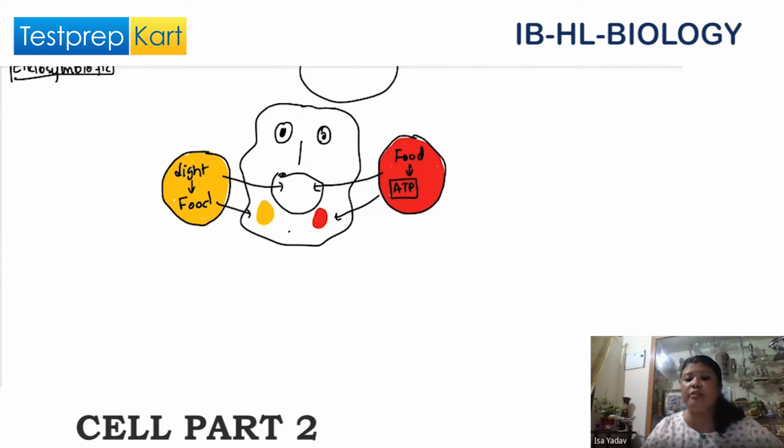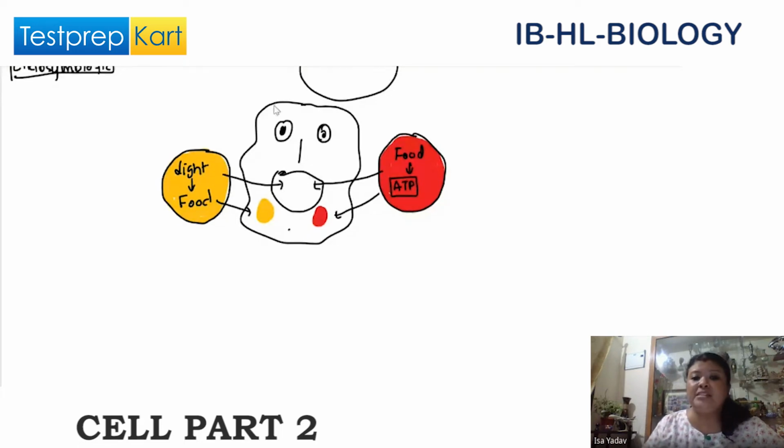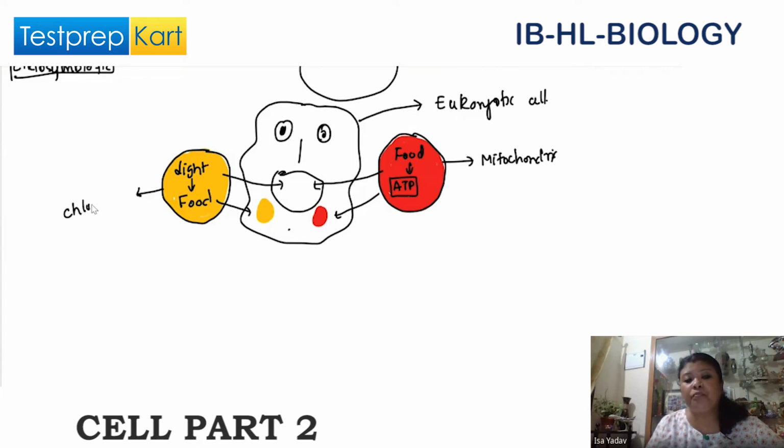So in course of evolution, this larger cell is the eukaryotic cell. The smaller cell, the one that produces ATP, this is mitochondria. The one that produces food, this is chloroplast.